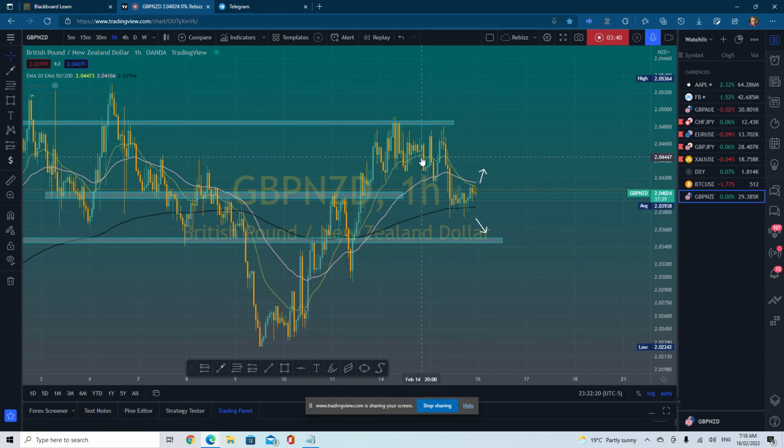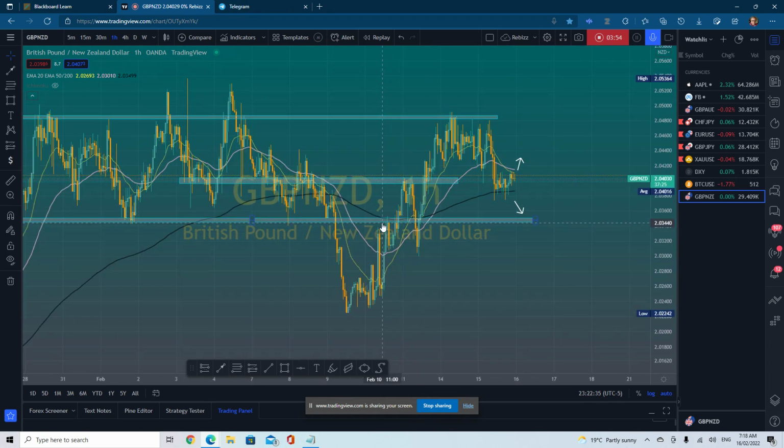So I do use the 20 EMA for short-term trades. But in most trades, because I'm a swing trader, I do use the 50 and the 200. So for example, when you're using these moving averages, there's what we call the golden cross, and there's what we call the death cross.